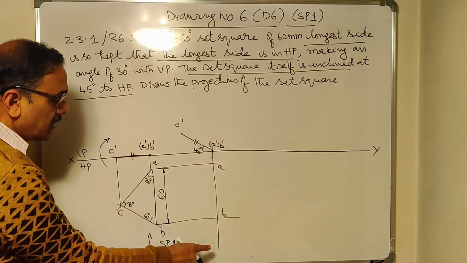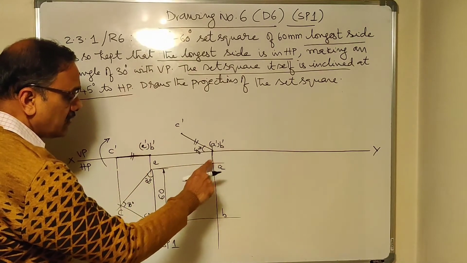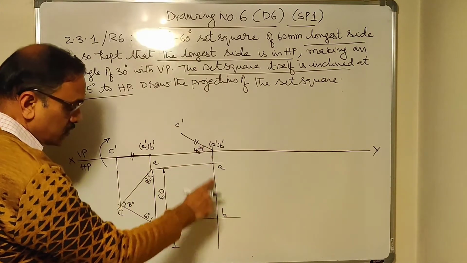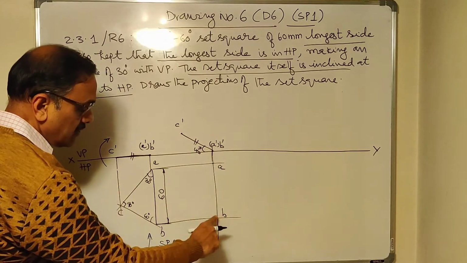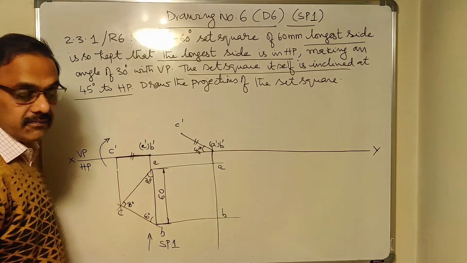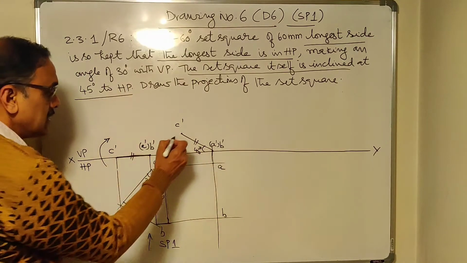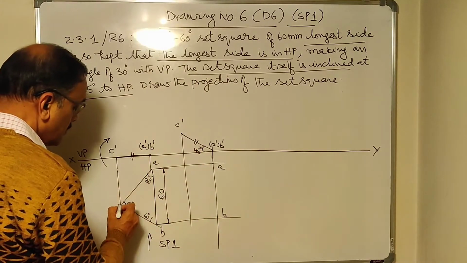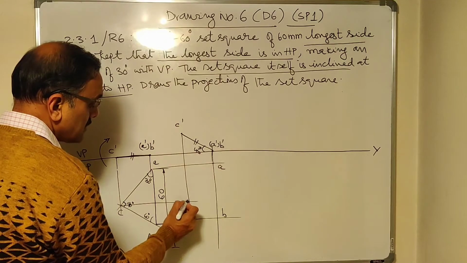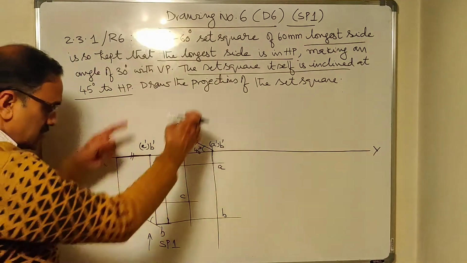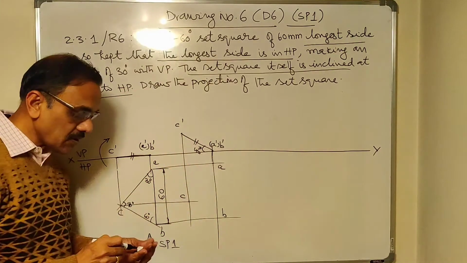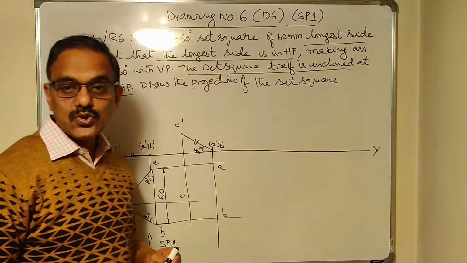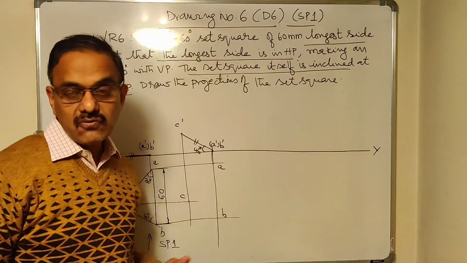This is the projector from A, this is the locus of A, wherever they intersect you get A. Projector from B, locus of B, wherever they intersect you get the point B. Similarly, you can get point C. Draw a projector from C, draw the locus of C, wherever they intersect you get C. These projectors and the locus lines should be drawn light. You should use 0.13 when you use the software.